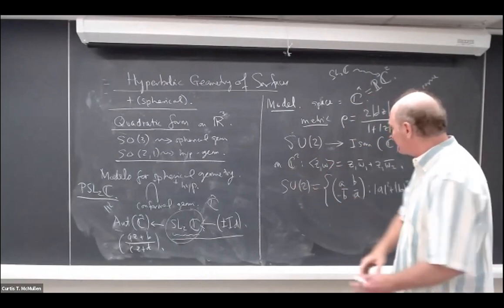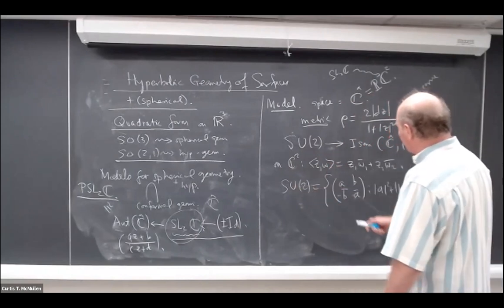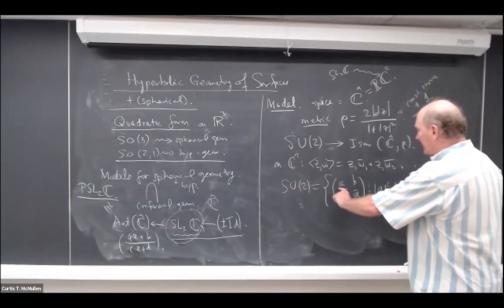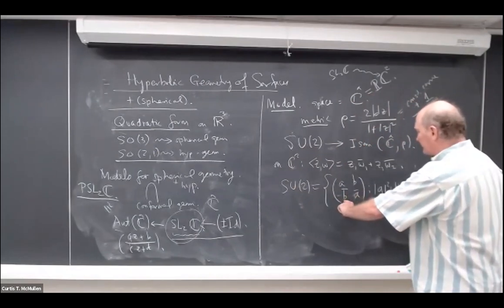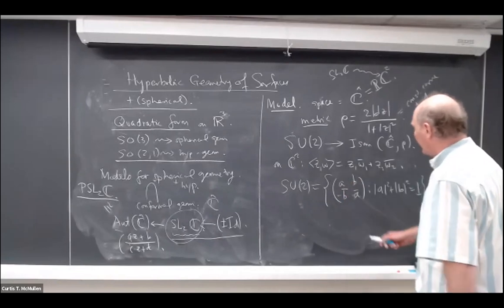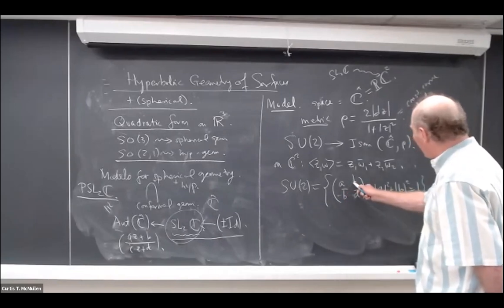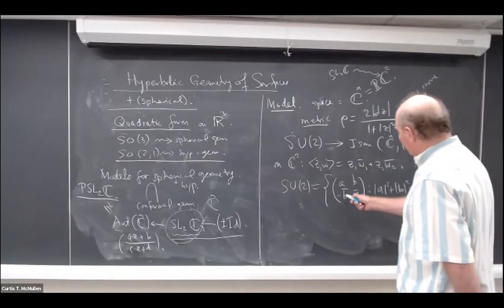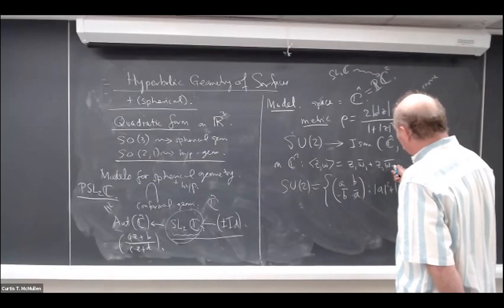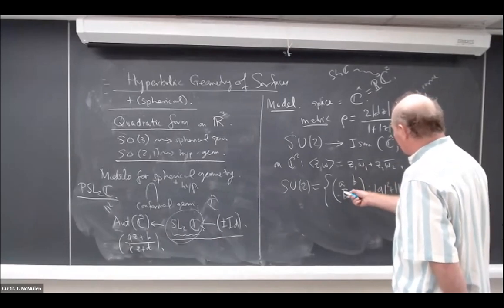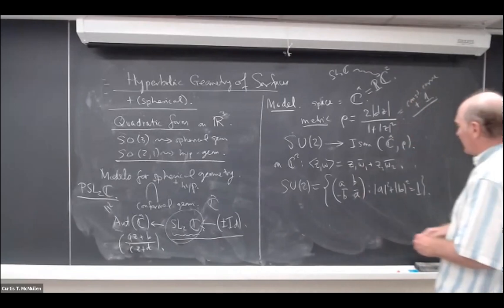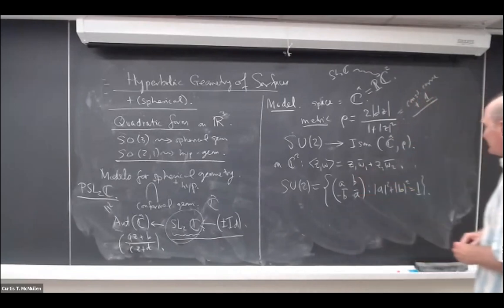Those are the isometries. So the image of the first vector, thinking in terms of columns, has to be orthogonal to the second, and it has to have length 1. So for the length to be 1 is to say A squared plus B squared is 1. And then if you take the inner product in this form, you'll see that between these two, you get AB minus BA, which is 0. So that explains why this is what the group SU2 looks like.